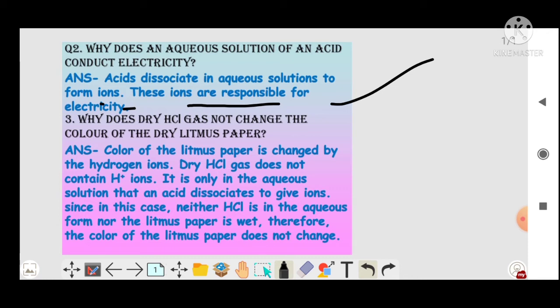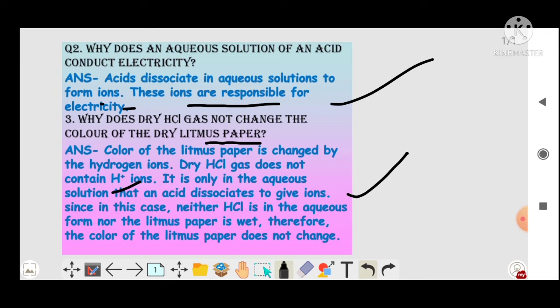Because dry HCl does not contain H plus ions. It is only in aqueous solutions that an acid dissociates to give ions. Here neither the HCl nor the litmus paper is in aqueous form, therefore the color of the litmus paper does not change.